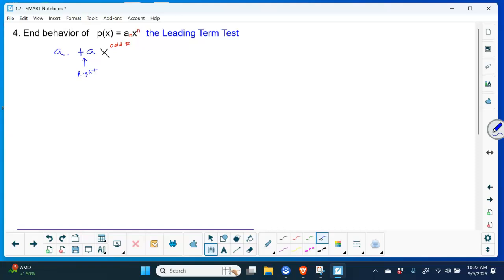So the right end is positive. So right is up. The fact that this is odd says the left, or the beginning, is opposite.